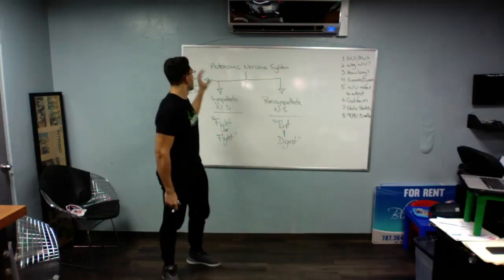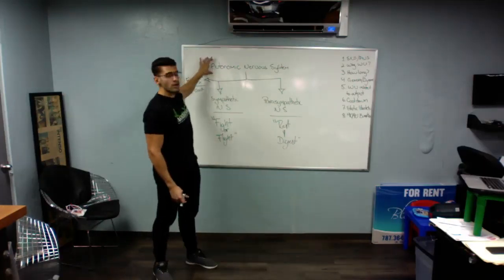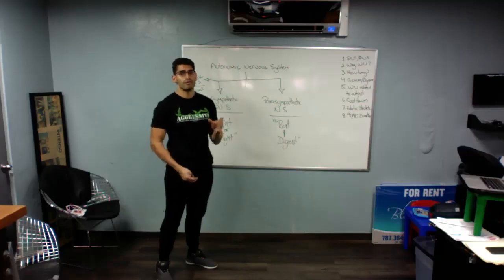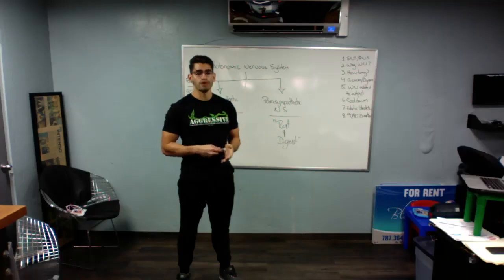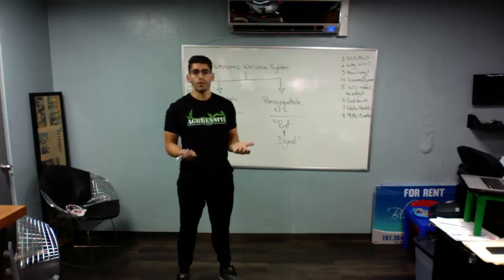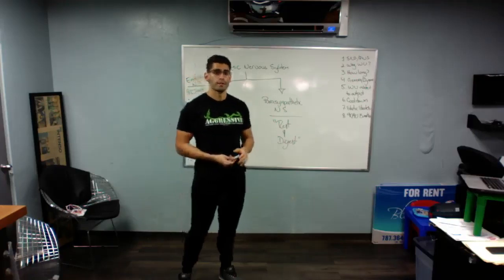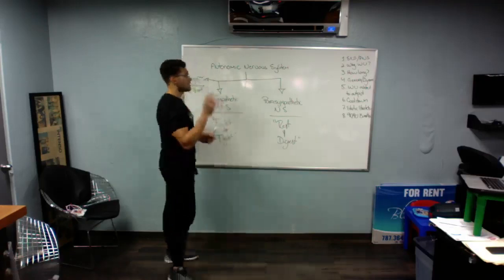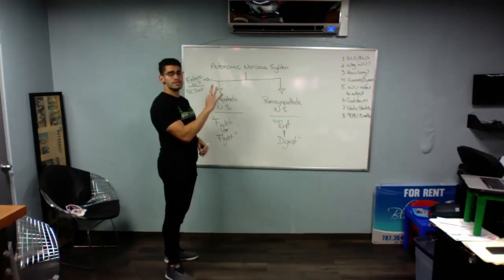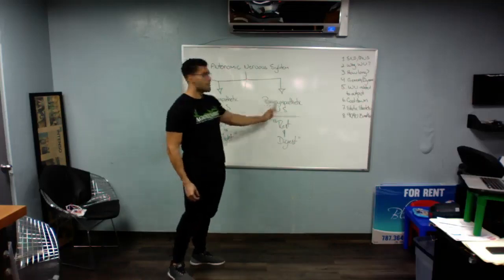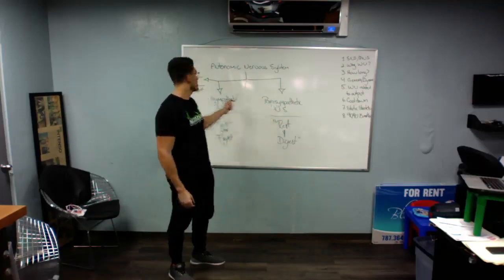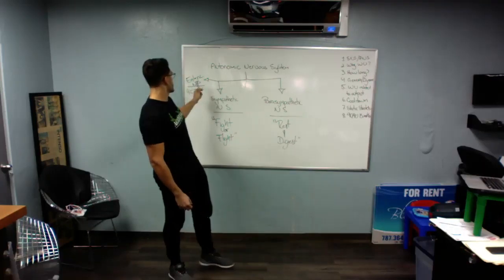Okay, so the autonomic nervous system is in charge of all our involuntary bodily functions. So homeostasis, rest and recover, digestion, everything we don't really control. It separates into 3 different systems: the sympathetic nervous system, parasympathetic nervous system, and enteric nervous system.